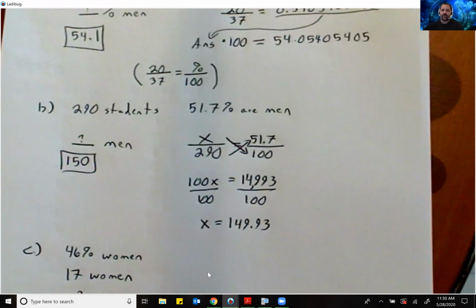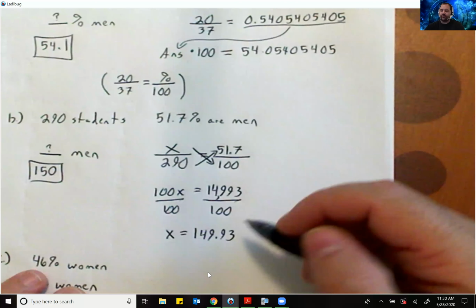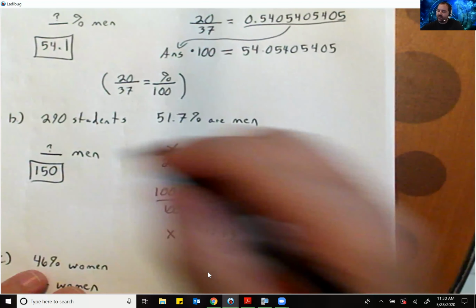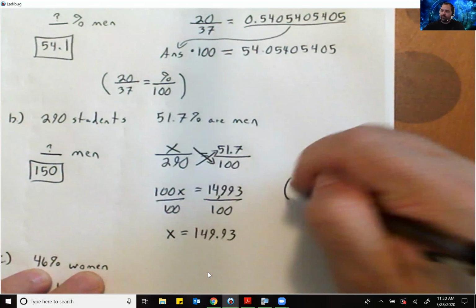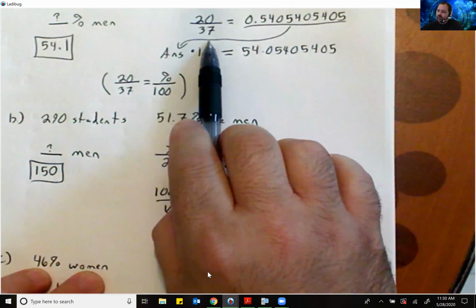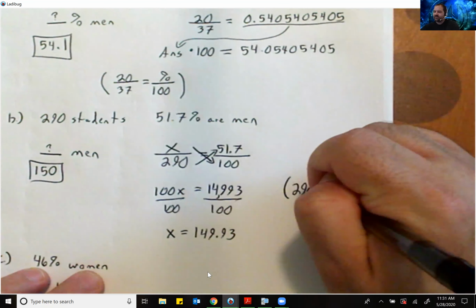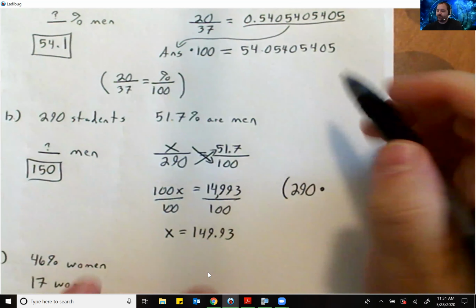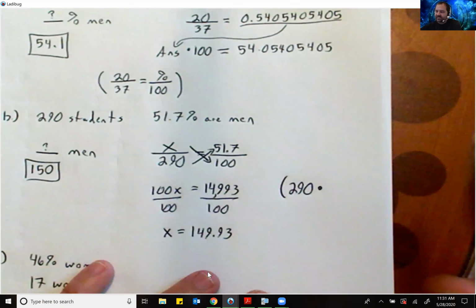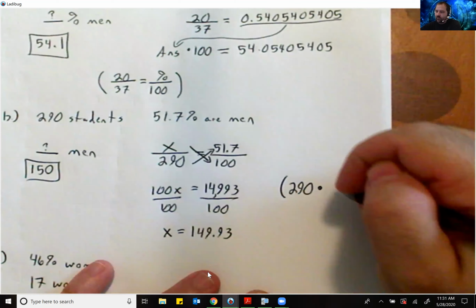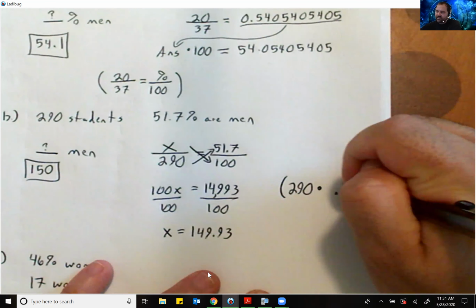Oh, just real quick on B, another way that you could have done this is you could have taken kind of like what you were dealing with up here. You could have taken 290 times the percentage, but remember the percentage would have to be a decimal when you multiply it. So 0.517.